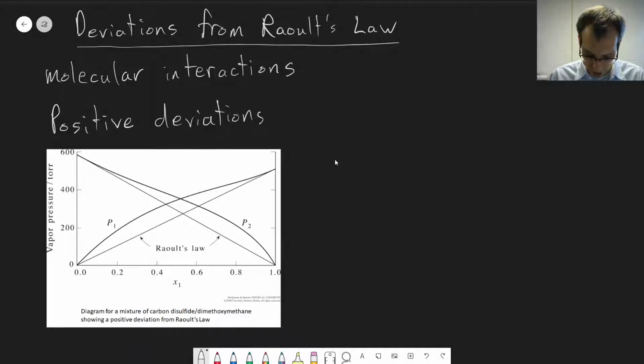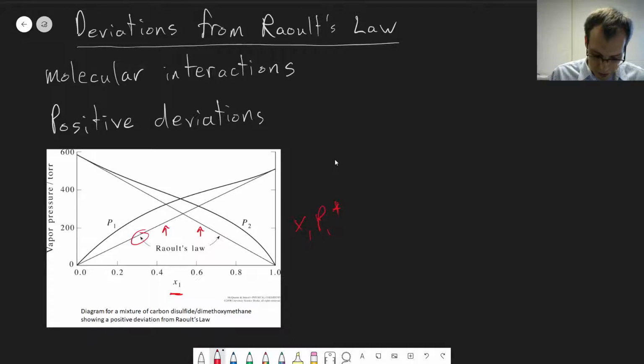So just to make it clear, the lines down here that are indicated, these straight lines, are the behavior you expect from Raoult's law, where it follows just as a function of the mole fraction, you have this direct relationship between mole fraction and the pure substance vapor pressure, right? Again, x1 p1 star, right? That would be this line here.